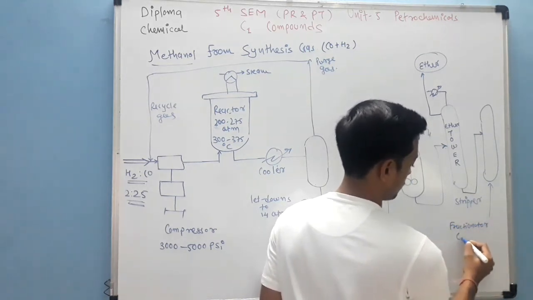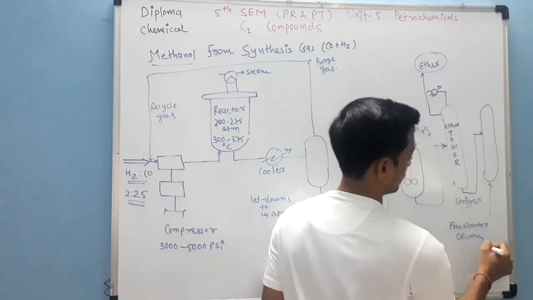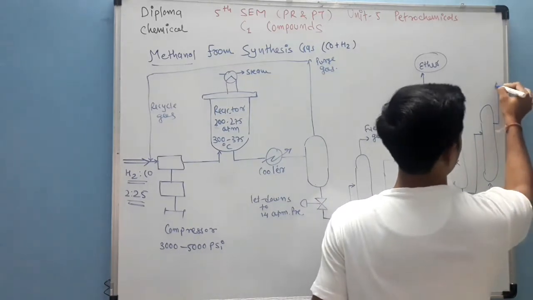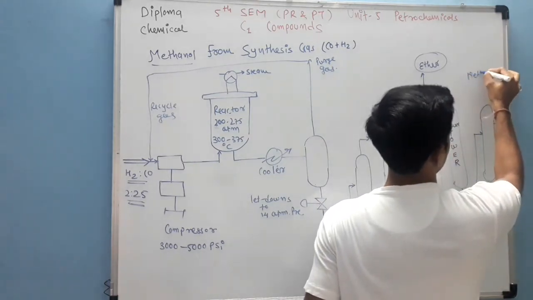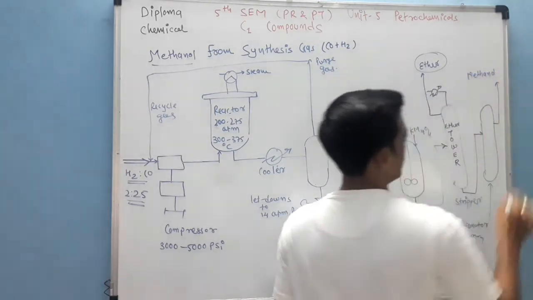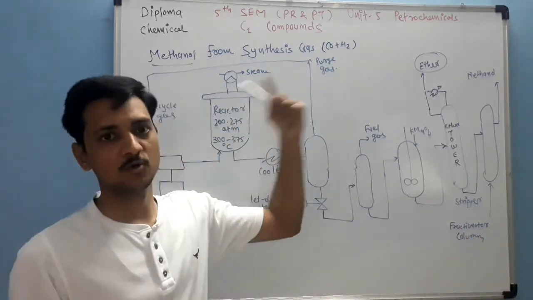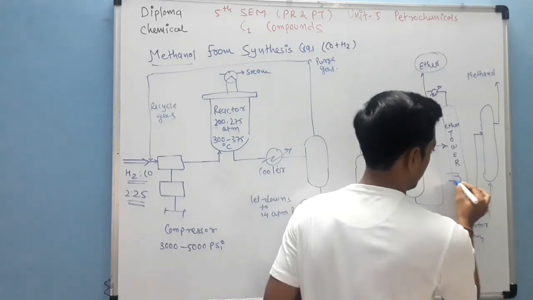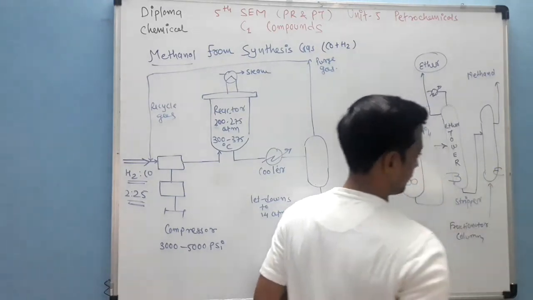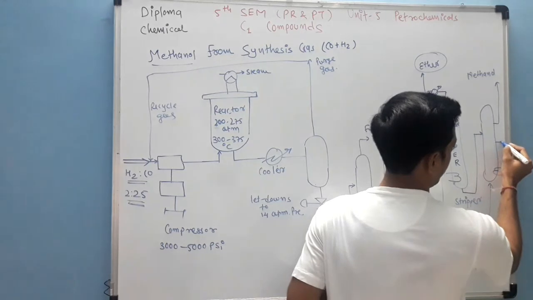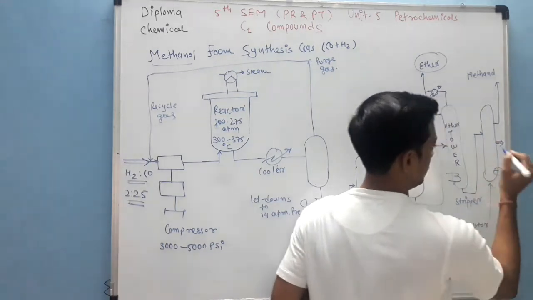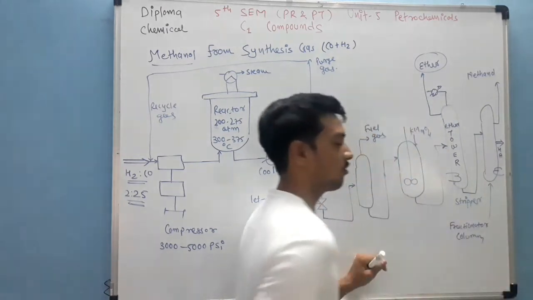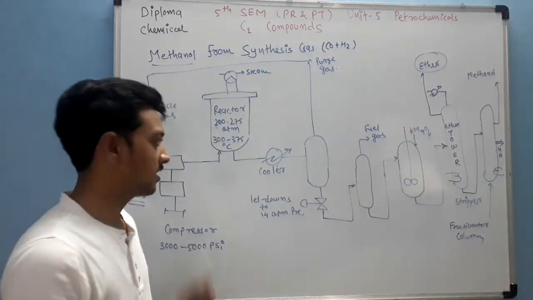Fractionator column, where methanol is removed from the top of the column, and steam, here also steam. Heavy ends, that is heavy alcohols, are removed here.